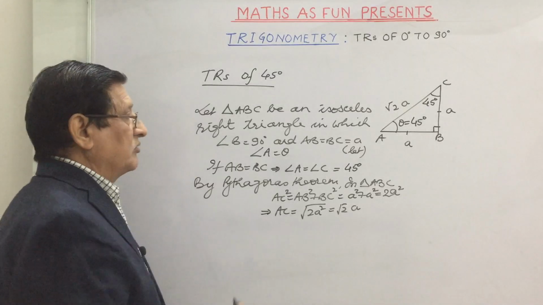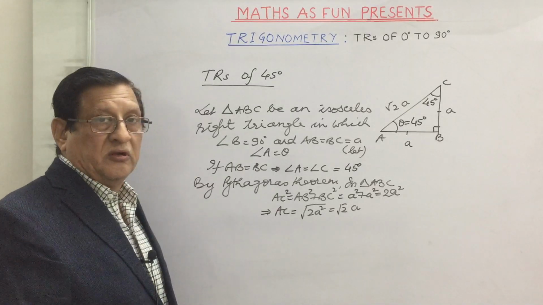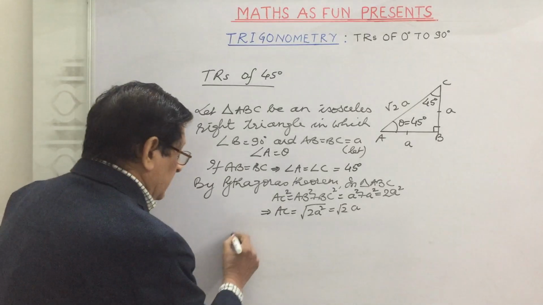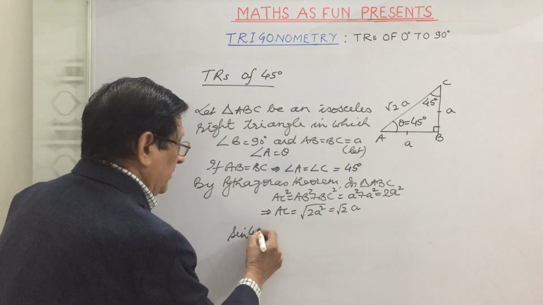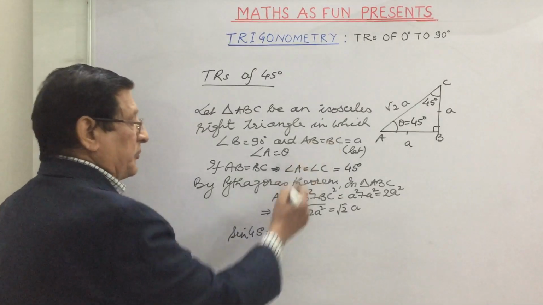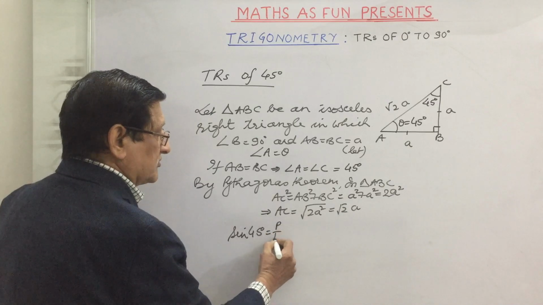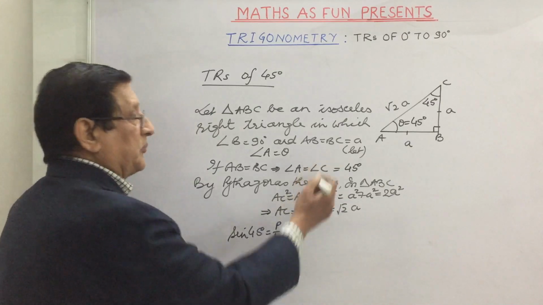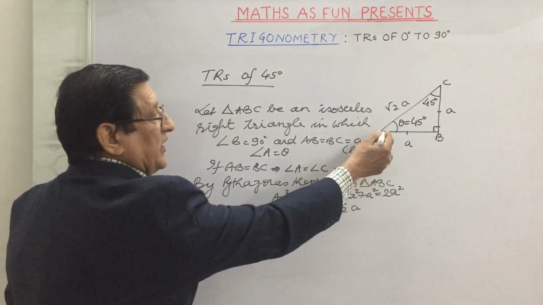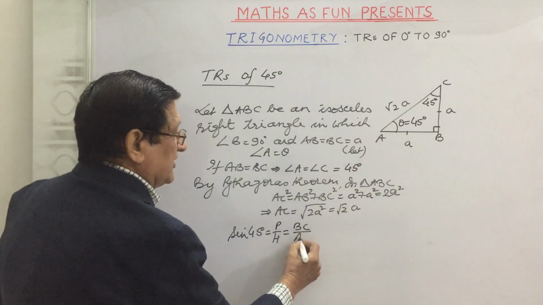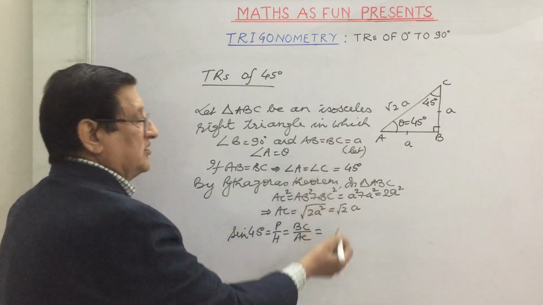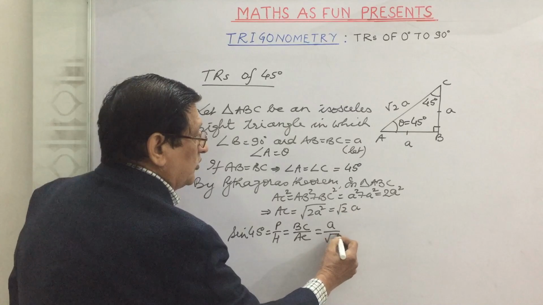And now we can find out all the trigonometrical ratios for 45 degree. See, sine 45 degree is perpendicular upon hypotenuse. We know. Here perpendicular is BC for this angle A and hypotenuse is AC. BC upon AC, that will be A upon root 2A.